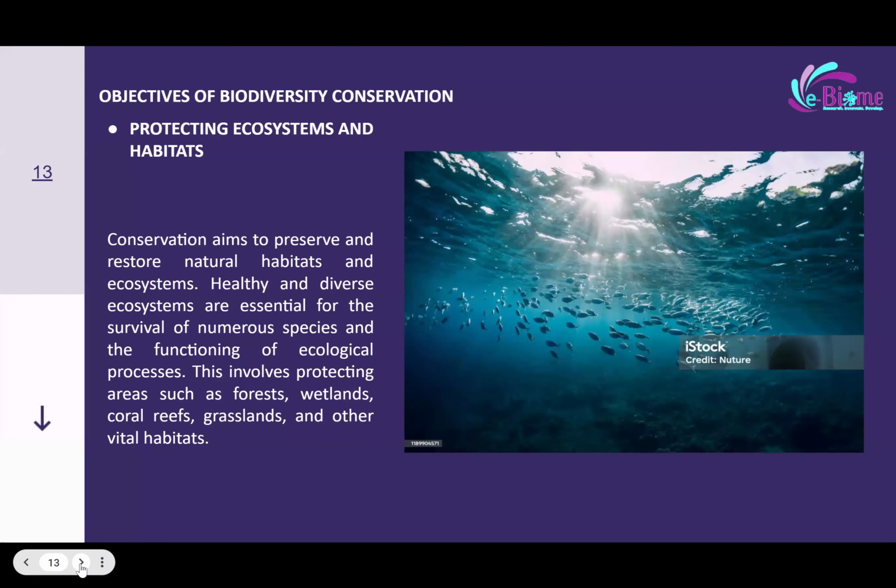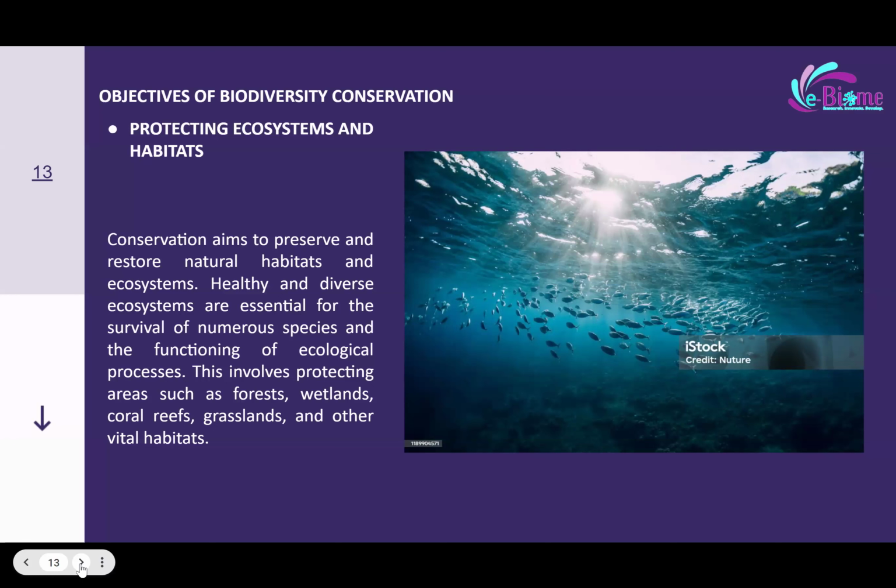And then also protecting ecosystems and habitats. Yes, conservation aims to preserve and restore natural habitats and ecosystems. And indeed, as I explained earlier on, if you have keystone species within an ecosystem and you don't conserve them, you don't protect them, you leave them to the elements, you leave them to human influence, and they go extinct, bear in mind that it also affects the other organisms that depend on them.